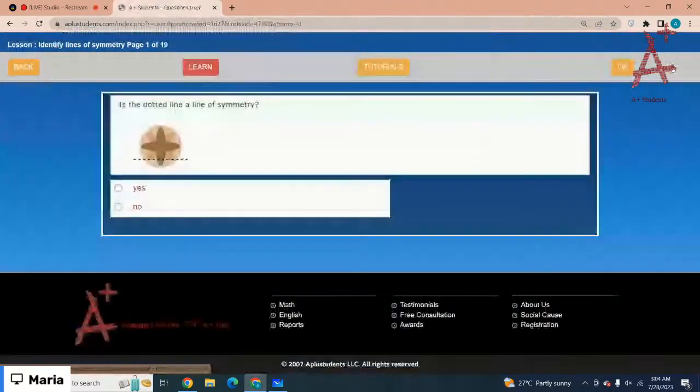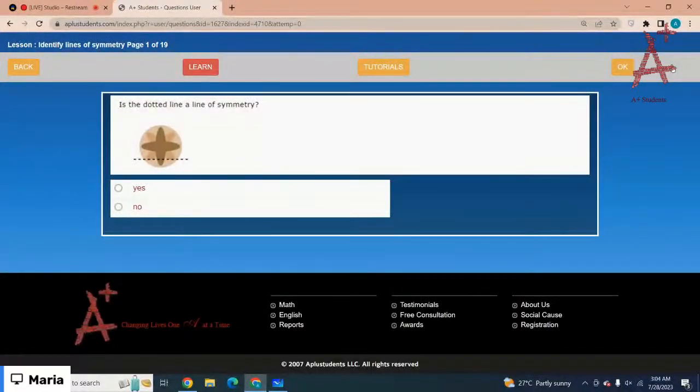Is the dotted line a line of symmetry? Which is the correct option? No. If you fold the image along the dotted line, the two parts will not match up.